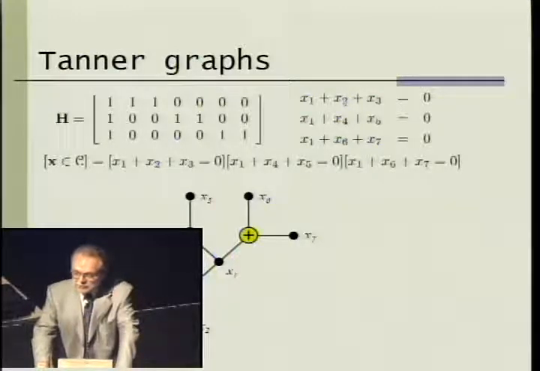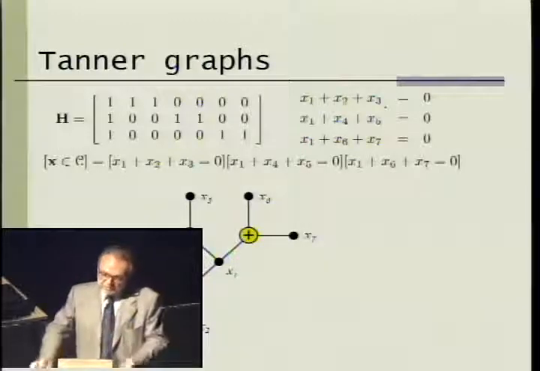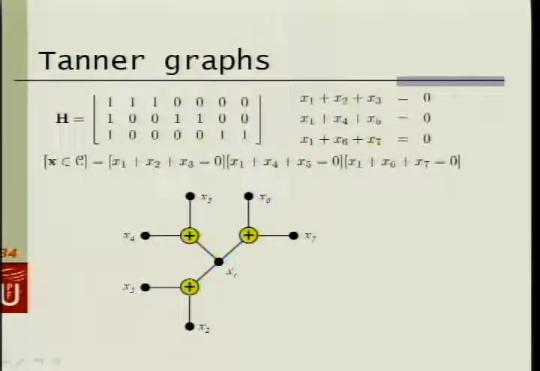Consequently, these are the constraints that must be satisfied. A vector, a binary 7-tuple, is a code word if and only if these 3 constraints are satisfied. Consequently, saying that x belongs to C is tantamount to saying that this constraint is satisfied, and this is satisfied, and this is satisfied.